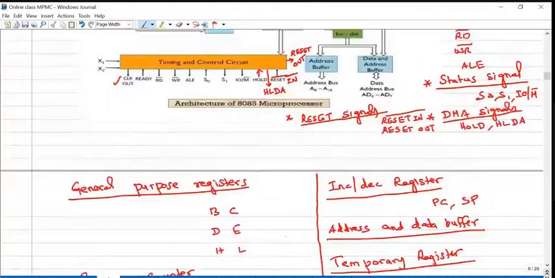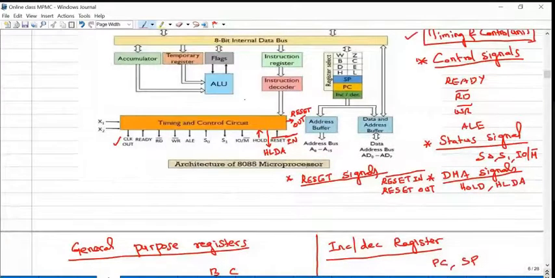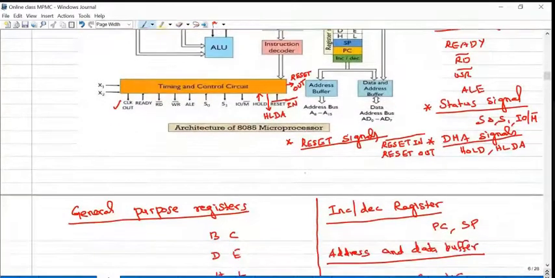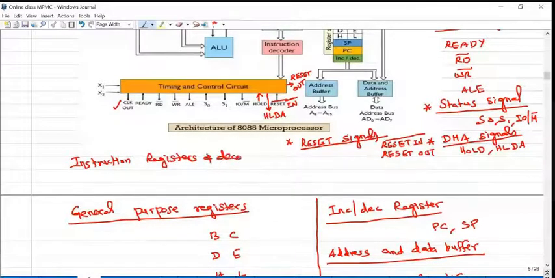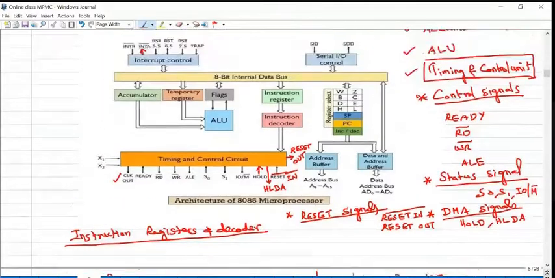The other important registers, I think we covered everything except the instruction register and decoder. While we execute the program, the opcode is fetched by the microprocessor, and the opcode is saved in the instruction register first.